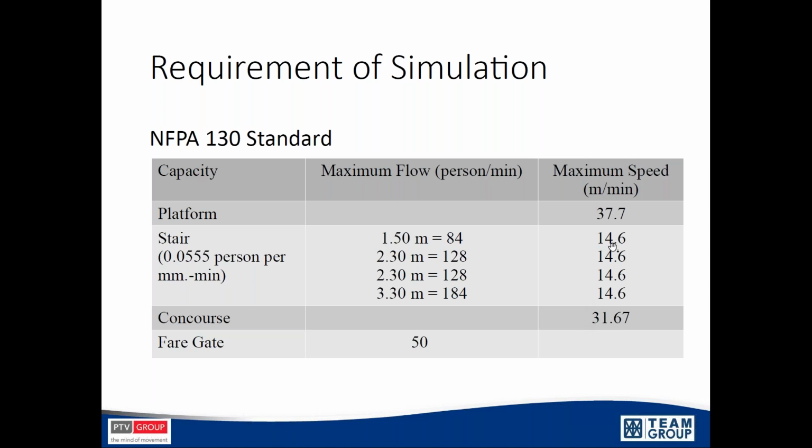And at the staircases it is 15 meters per minute, or if converted to flow, for a 1.5 meter width staircase, the maximum flow would be 84 persons per minute, and for a 3.3 meter width staircase, the maximum flow would be 180 persons per minute. And the maximum flow at the fare gate is 50 persons per minute.